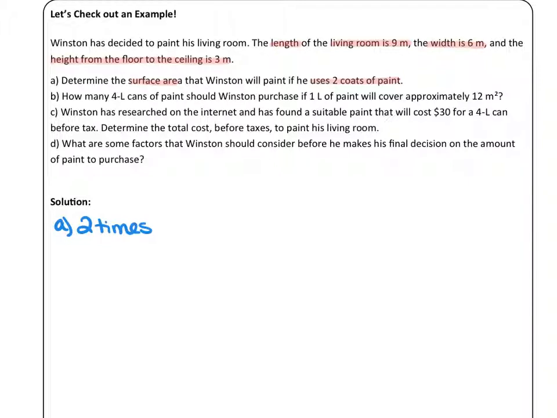We're obviously not going to paint the bottom, the floor, and I don't think we're going to paint the ceiling because it doesn't specifically say that we're going to paint the ceiling. So let's just assume, and I know it's not always good to assume, that we're just painting the walls.